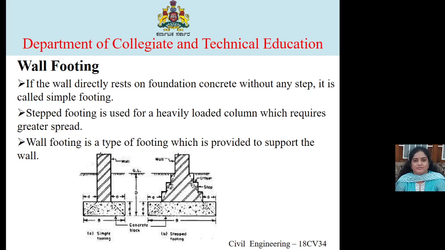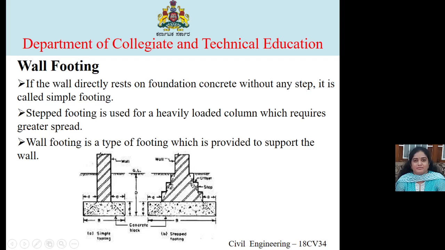First we'll discuss the wall footing. The figure shows the different types of wall footing. One is a simple footing. This is the wall, and it is a concrete base, over which the wall is constructed. Here it's a stepped type.